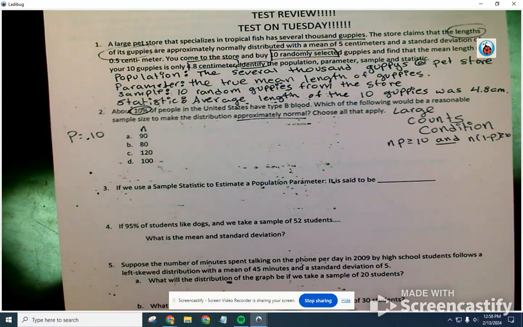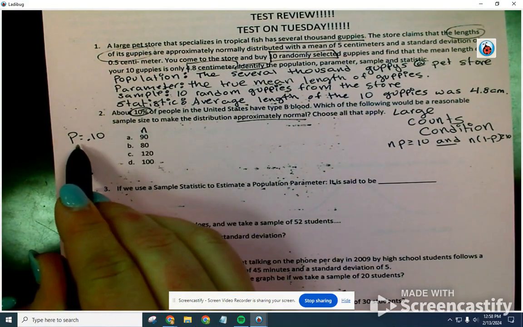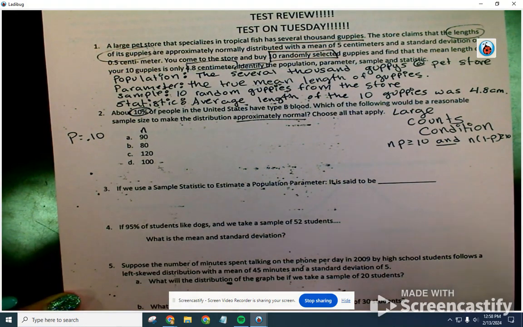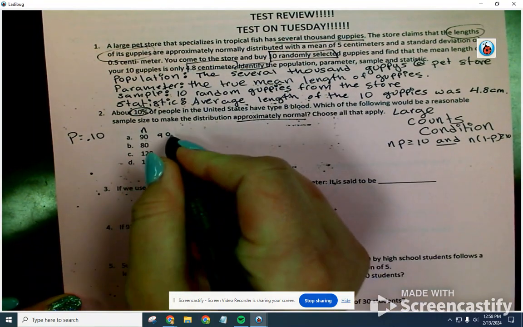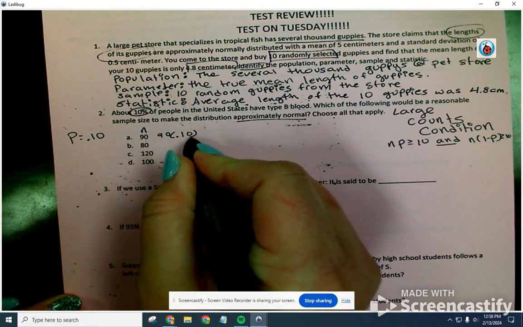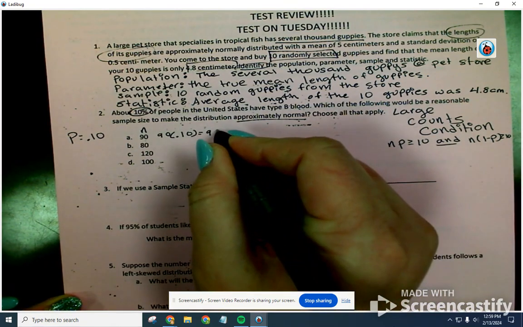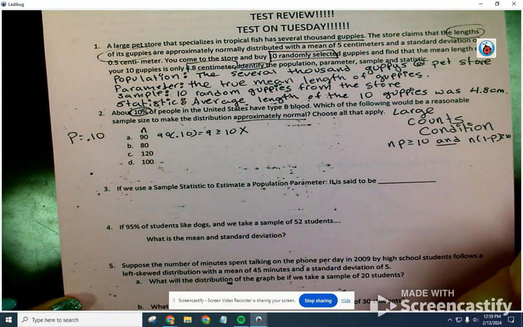So for this first one, it's saying that if a sample size of 90 and a proportion of 10%, will that be greater than or equal to 10? So we're going to go off to the side and do 90 times 0.10. Well, 90 times 0.10 is 9. And 9, unfortunately, is not greater than or equal to 10.